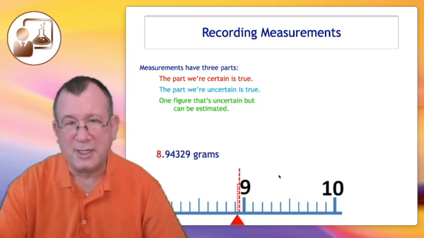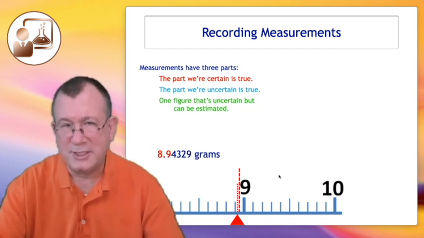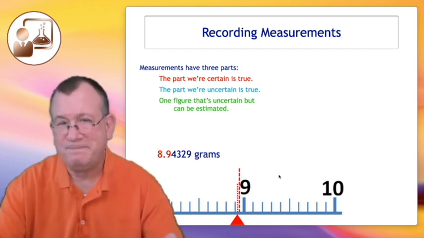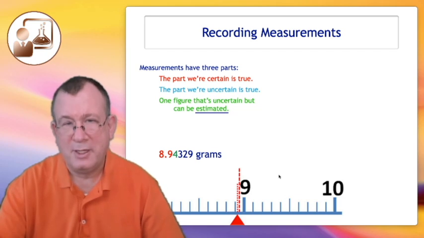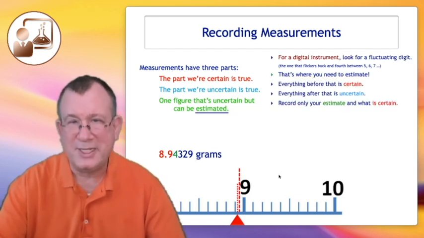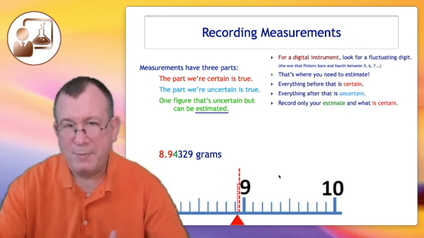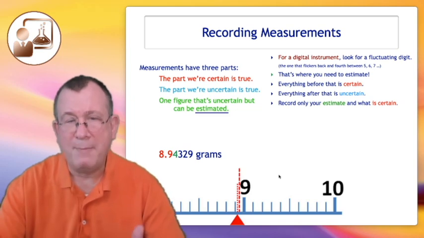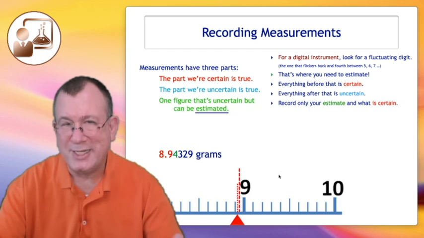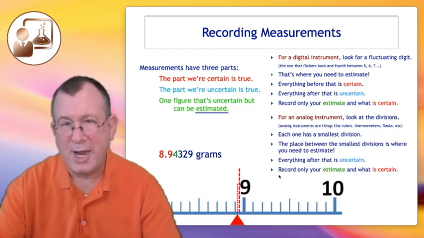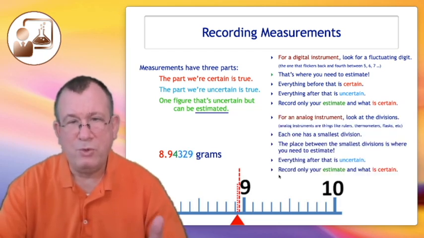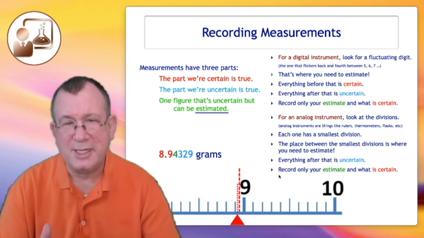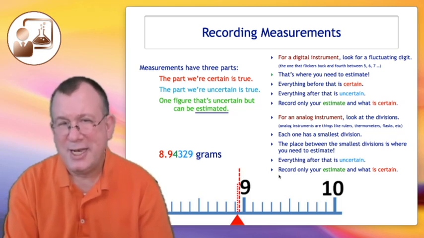Stuff beyond that's just calculator noise. The 8 I can trust, the 9 I can trust, and the 4, that's a reasonable estimate. The 3.29, that's fiction. So what am I going to record in my book? I'm going to report 8.94 grams.